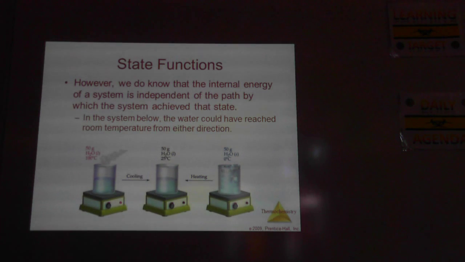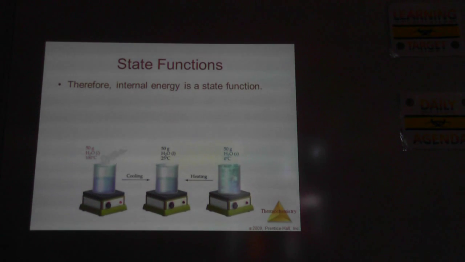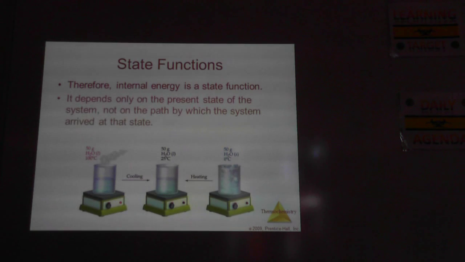It could have gotten there by starting out as ice that was melted by heating on the hot plate, or it could have started out as steam, right at the boiling temperature at 100 degrees Celsius, and then been cooled down to get the liquid water at room temperature. Okay, so that means that internal energy is a state function.